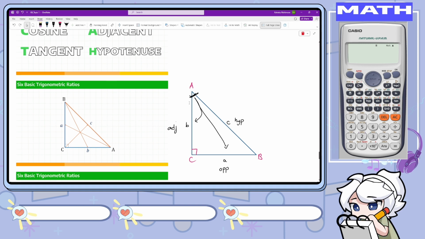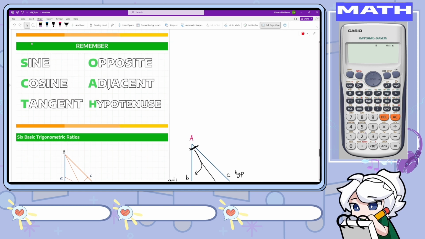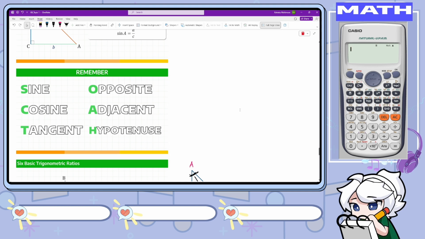For this particular mnemonic, I want you to remember these initials, because this will be useful in remembering them. So, soh-cah-toa. You will keep on remembering this over and over again. Soh-cah-toa.